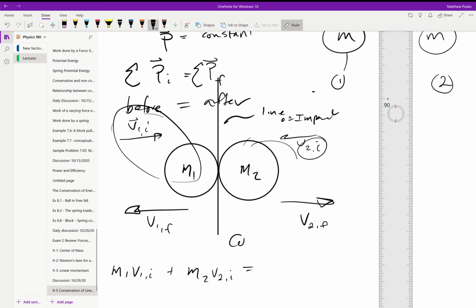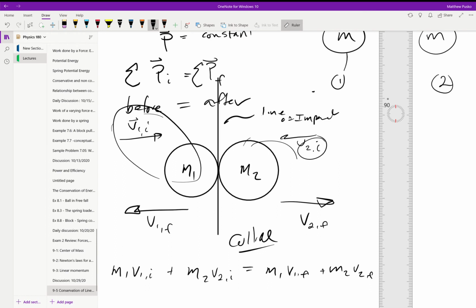They're going to collide, they're going to impact each other, and whatever the momentum was before is going to equal the momentum after. So we get m1 v1 final plus m2 v2 final.